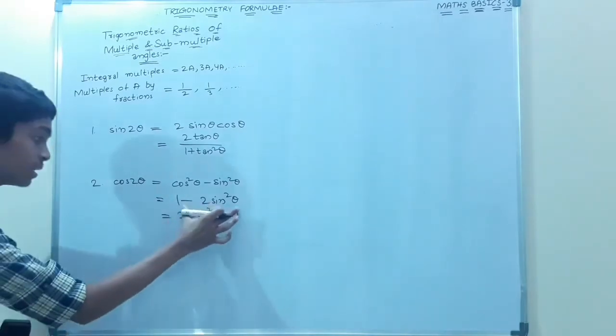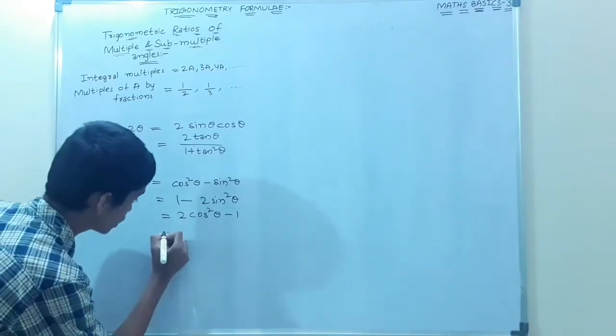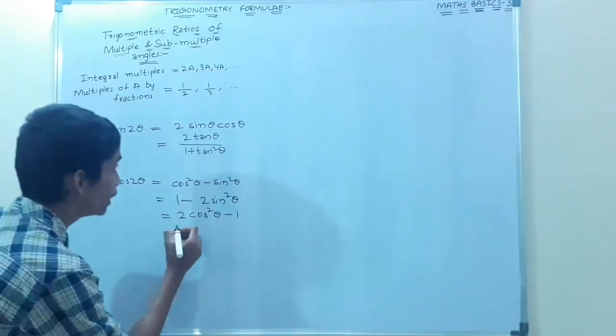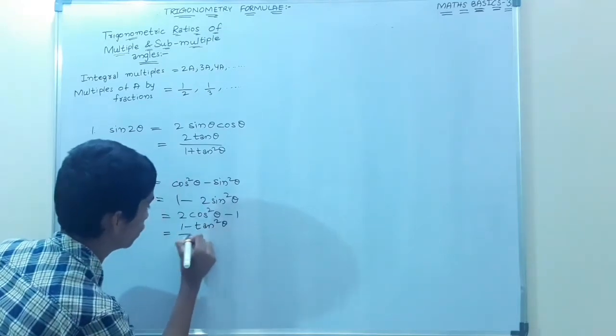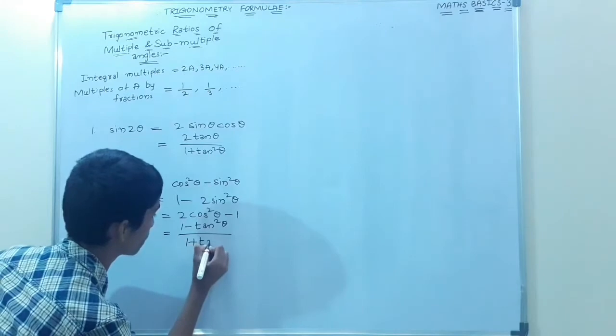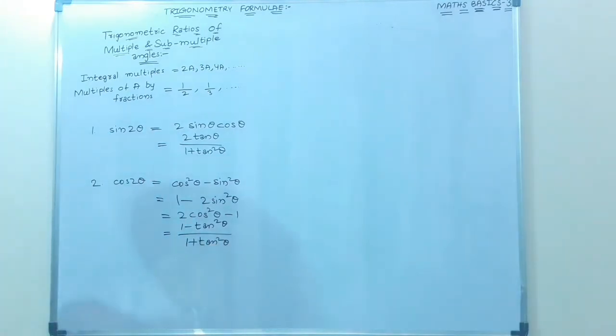From this single formula we can also derive many of the formulas. And next, in terms of tan, we write 1 minus tan square theta by 1 plus tan square theta. Those are the cos 2 theta formulas.